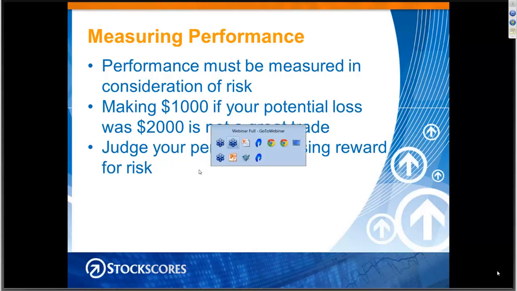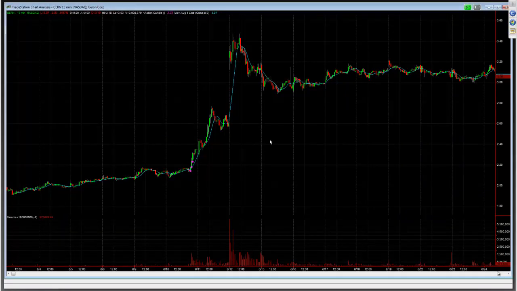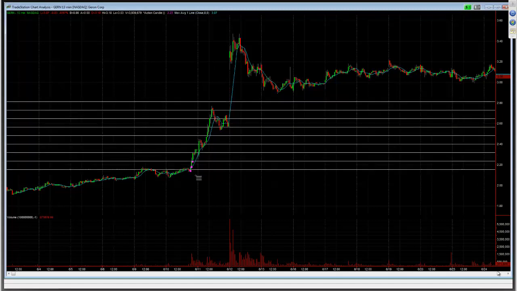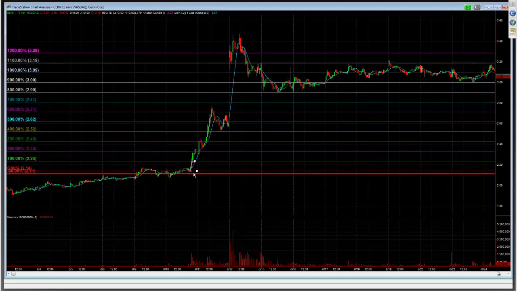Now let's jump back to the Geron chart here. So I'm going to just draw some lines in this chart that really drive home this point of risk reward. All right, so the green line where my arrow is right now is my entry price, $2.24. The upper red line is what I call my support price. It's sort of the area where I expect to take my loss.